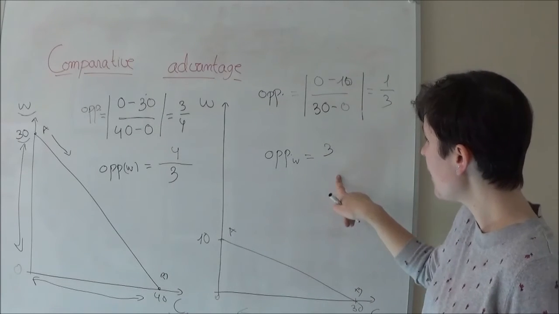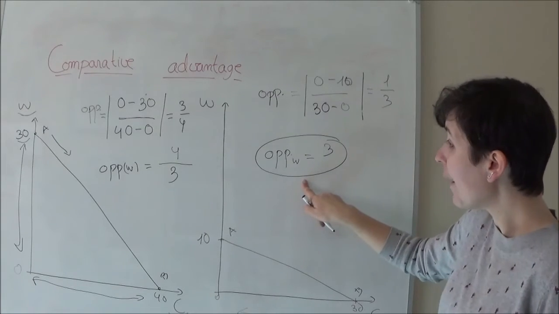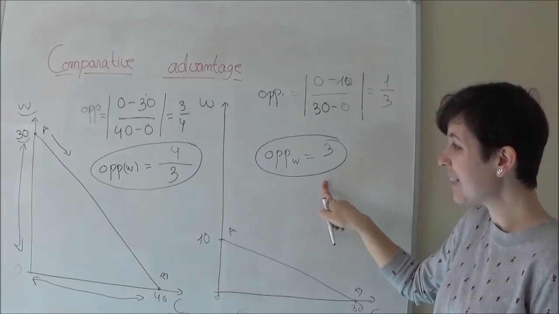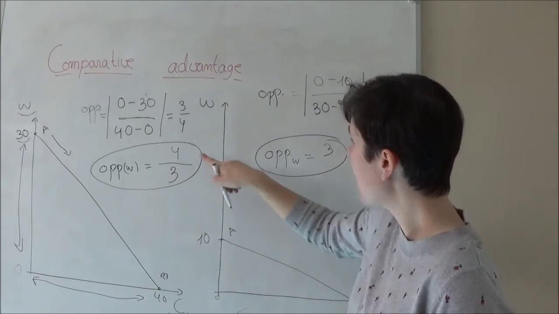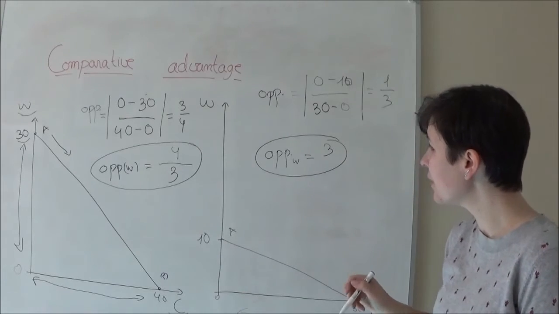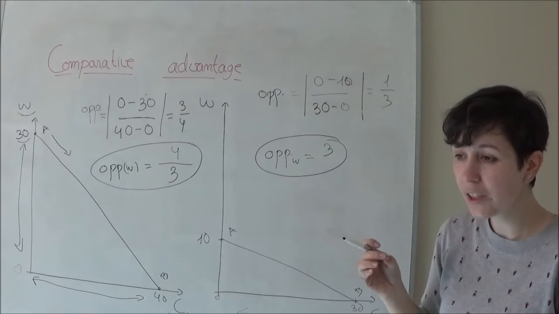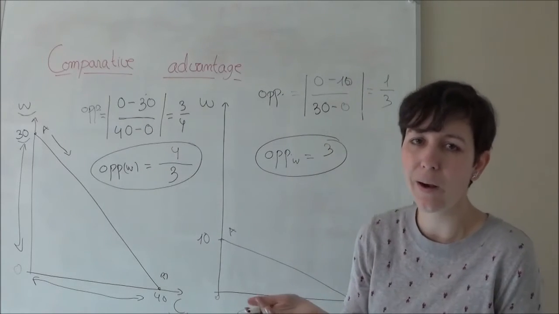So we can observe that the opportunity cost of wine in this economy is higher than in this one. 3 is higher than 4/3. Let's talk about comparative advantage.